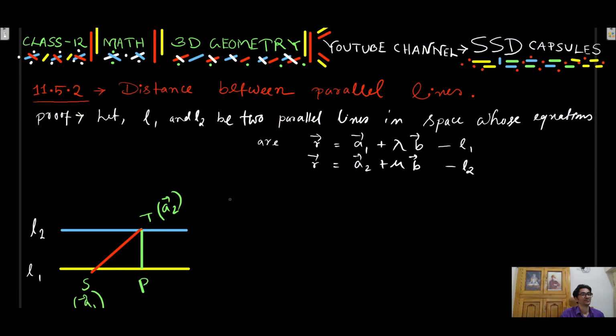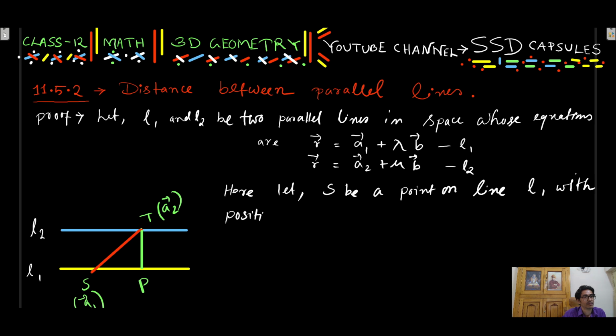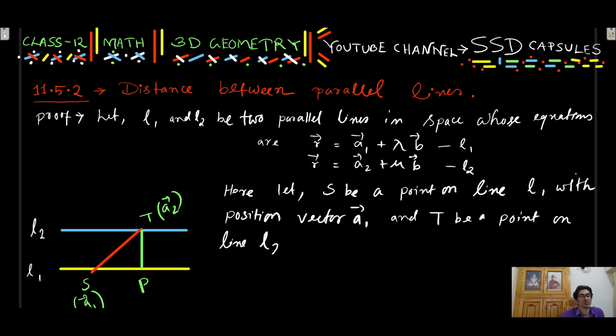So here, let S be a point on line L1 with position vector a1 vector, and T be a point on line L2 with position vector a2 vector.